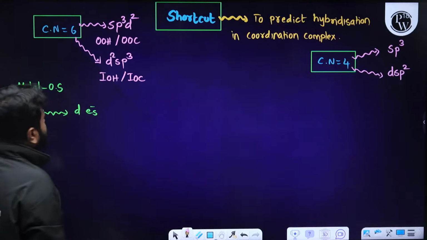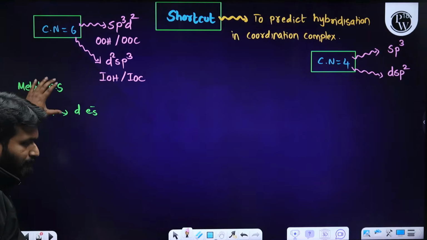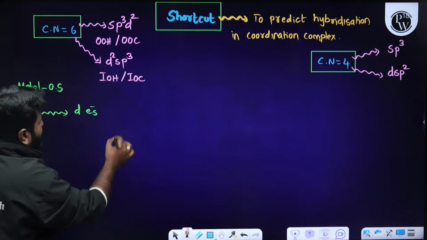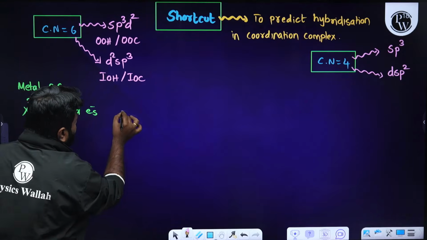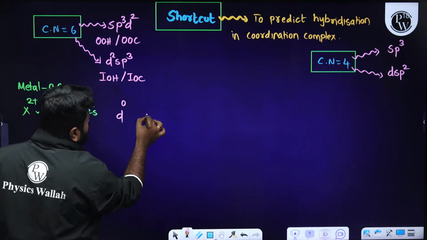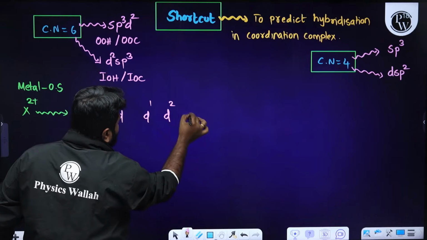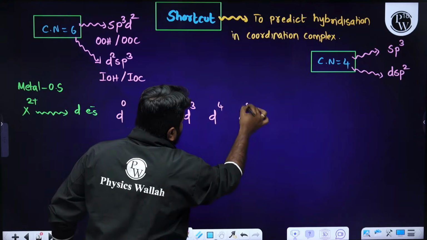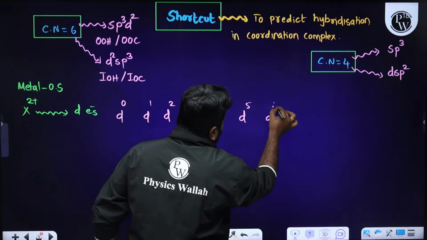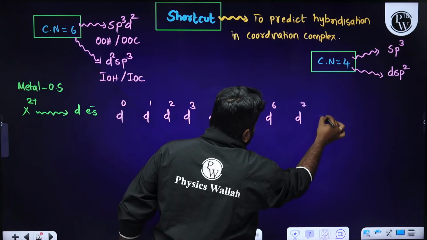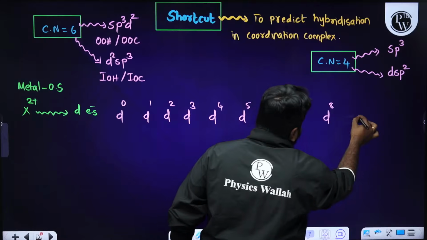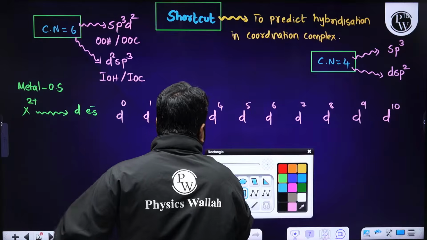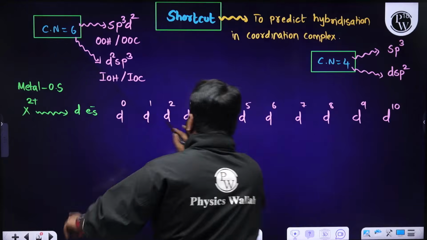If in a given complex, the central metal atom in its respective oxidation state has d0, d1, d2, d3, d4, d5, d6, d7, d8, d9, d10 electrons, these are all the different numbers of d electrons possible.